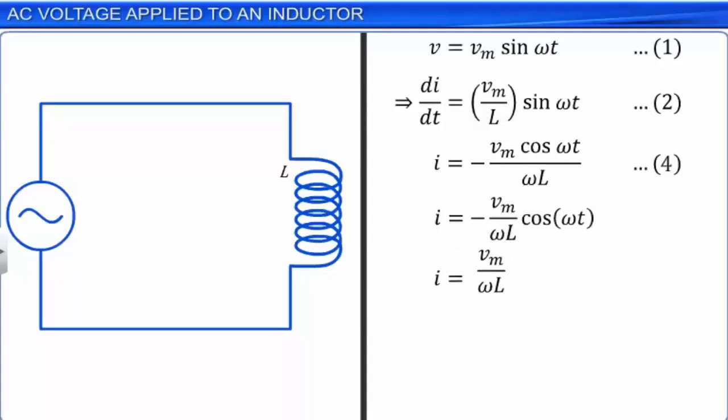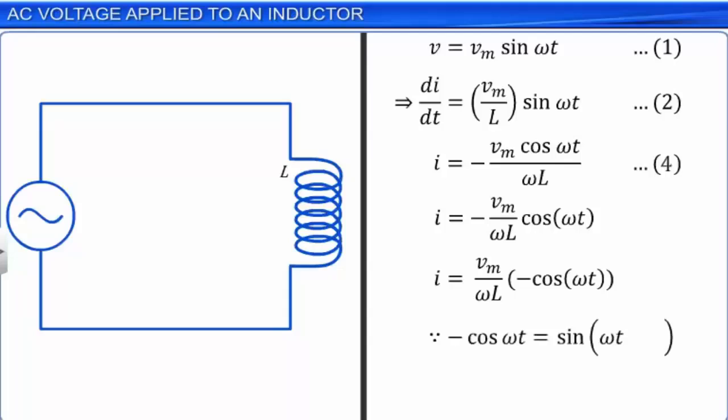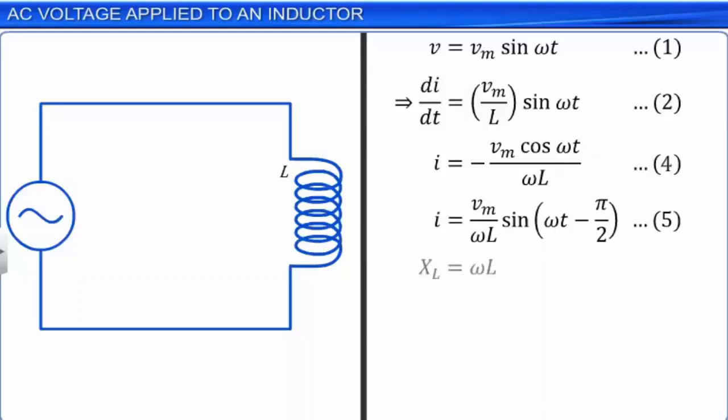Writing minus cos omega t as sin omega t minus pi by 2, we get I equal to Vm by omega L into sin omega t minus pi by 2. Let this be equation 5. Now we substitute omega multiplied by L with XL, which is known as the inductive reactance of the circuit.